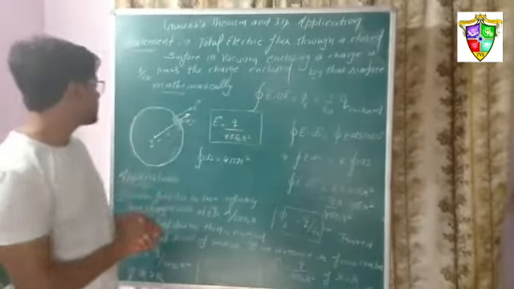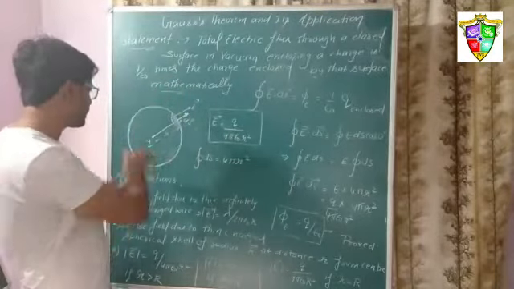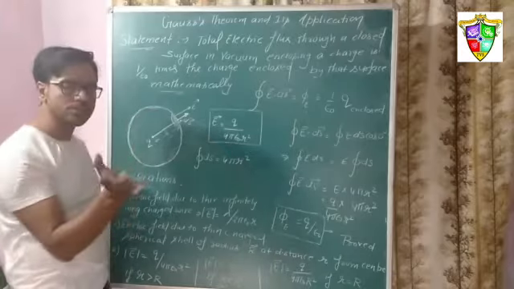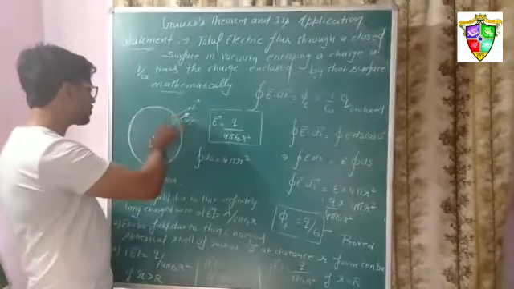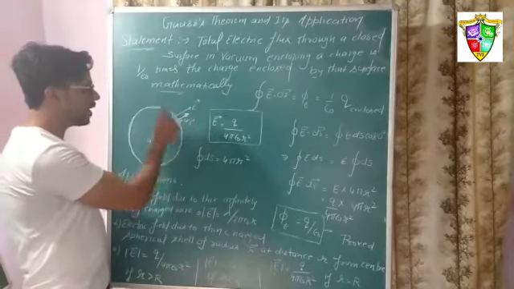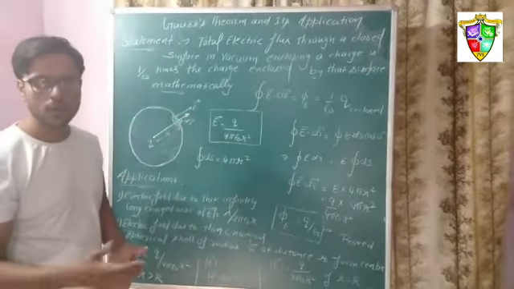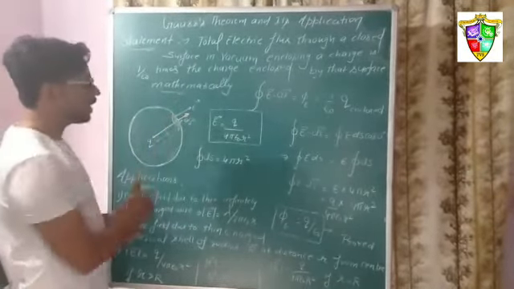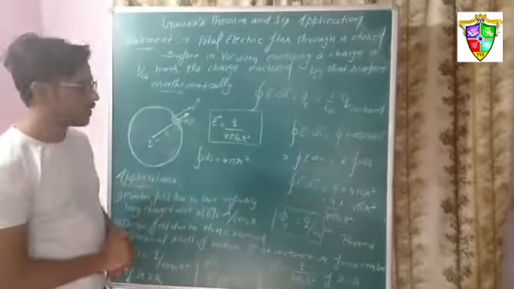So if we imagine a Gaussian surface, this is the Gaussian surface, and at the center of it a charge q is enclosed, and the radius of the surface is say r, and here we consider an area element ds, and we know electric field is always along the outward normal, so electric field and area element are in the same direction.